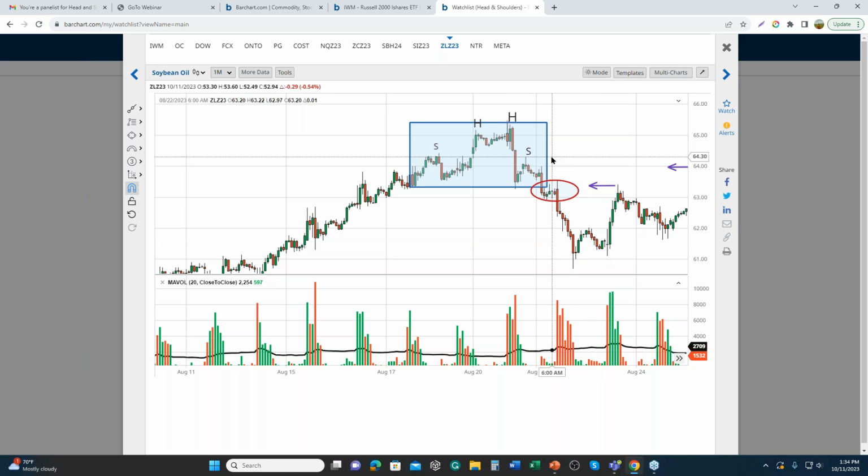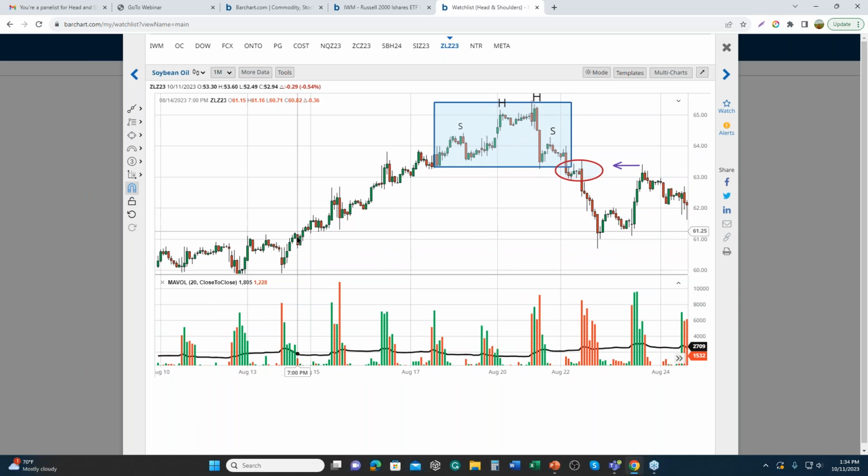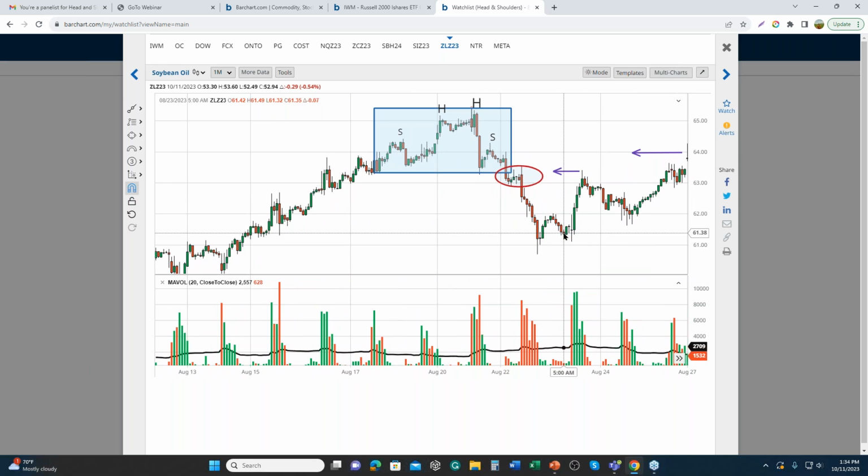So notice that after our completion, after we got our minimum price objective, and in this case it was the distance from our head to our neckline, and if you measured that out, that would be around about here, but our spike low is back to the impulse of origin of our move. But notice that as price recovers, this high falls in line with our previous neckline.